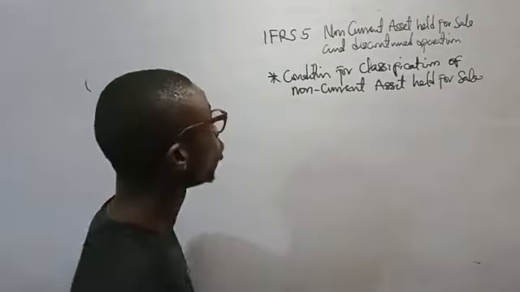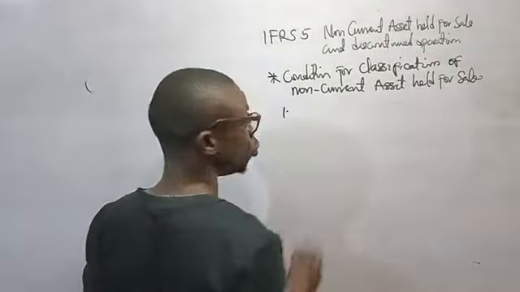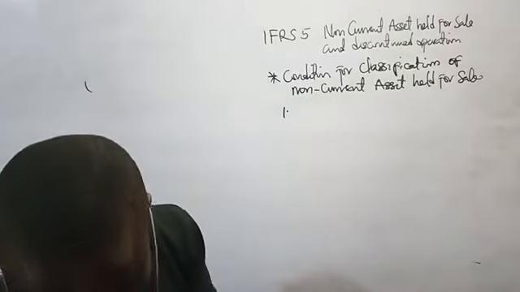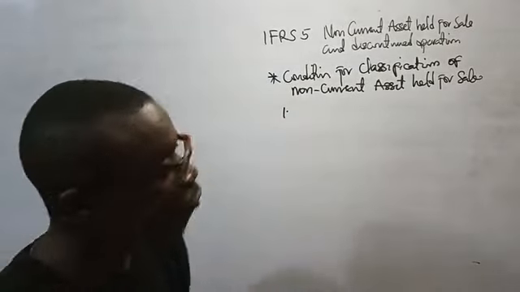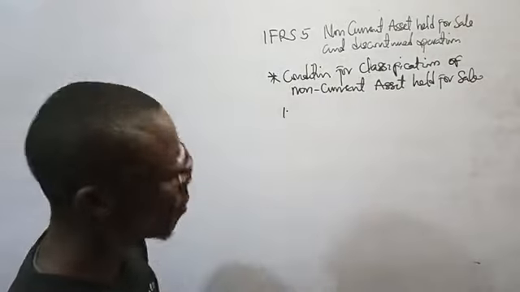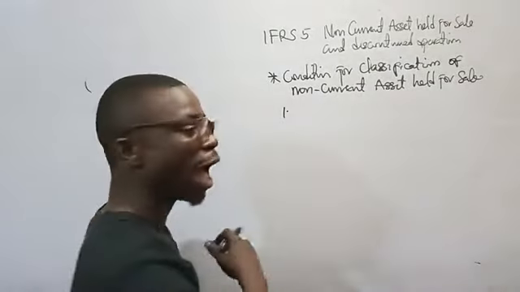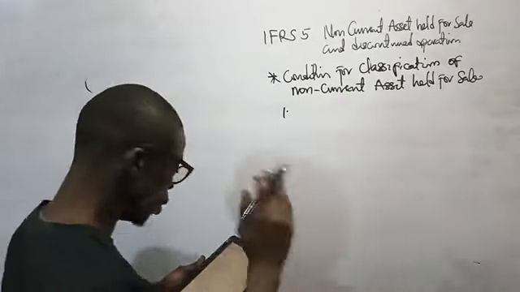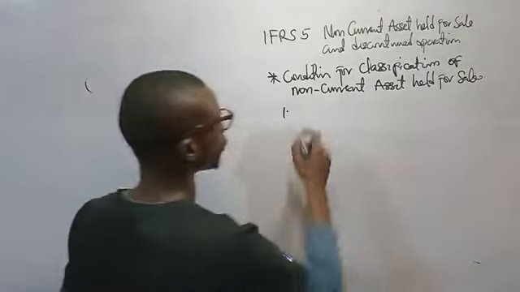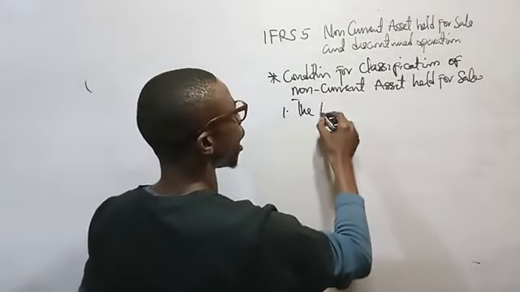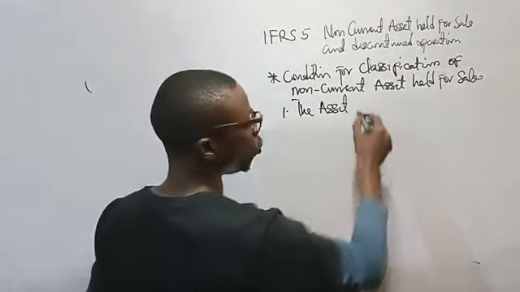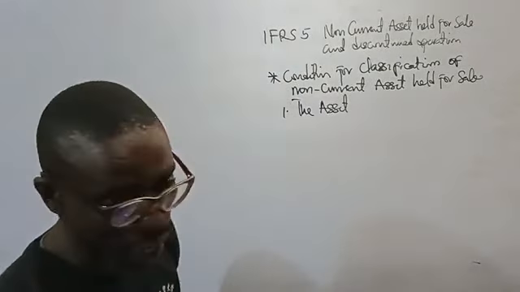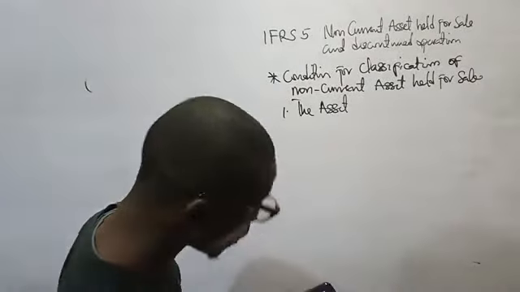So let's look at the conditions. I will summarize for you so that you understand it. One of the conditions for a non-current asset to be classified as held for sales is this: you may not need to look at the grammar that is written there on page 93.